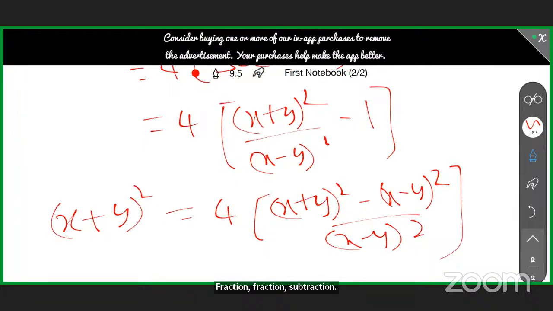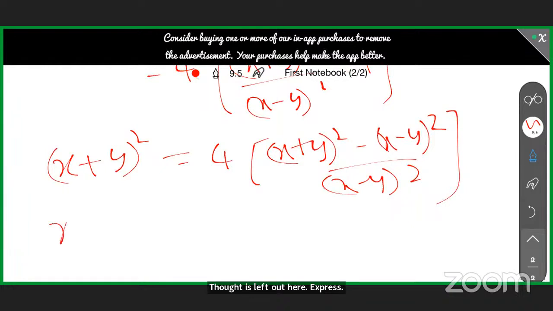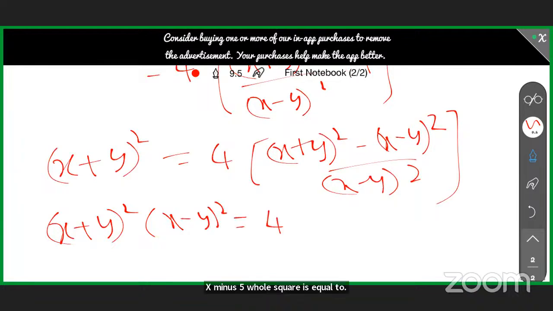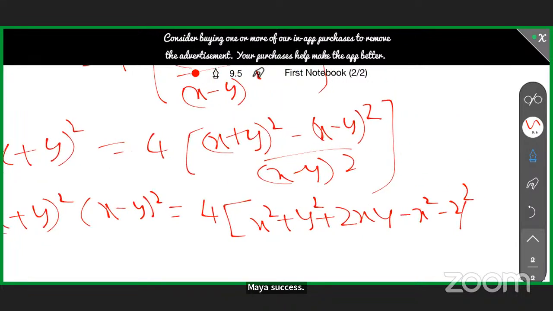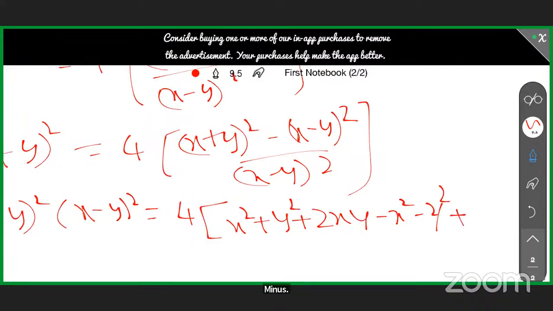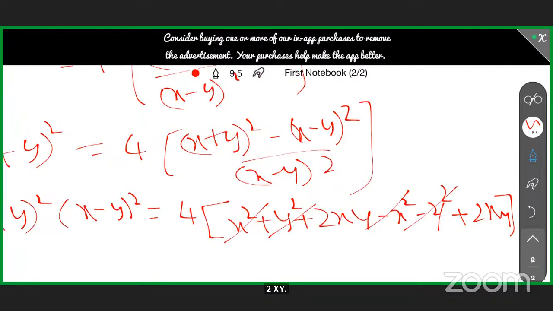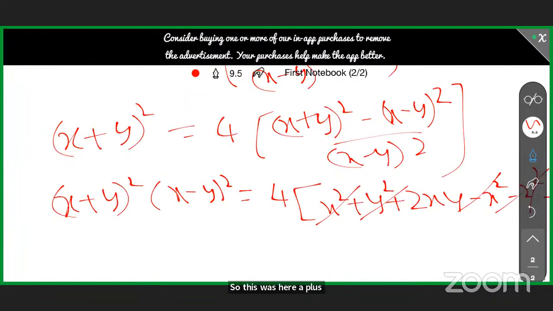So I'll send this one this side, cross multiply. So (x plus y) whole square into (x minus y) whole square is equal to 4 into this. I'll split it. This one is x square plus y square plus 2xy minus x square minus y square plus 2xy. This one gets cancelled. So this is here (a plus b) whole square times (a minus b) whole square, so it becomes (a square minus b square) whole square.